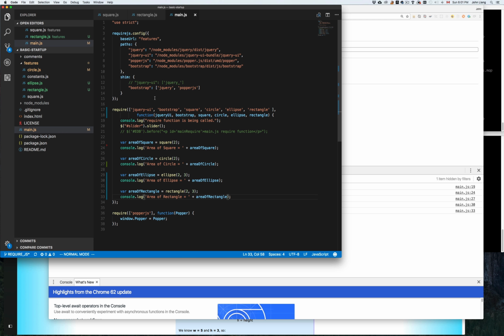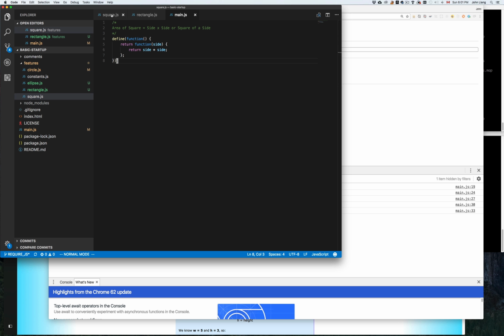Now let's refactor the square. So in here, let's load in rectangle.